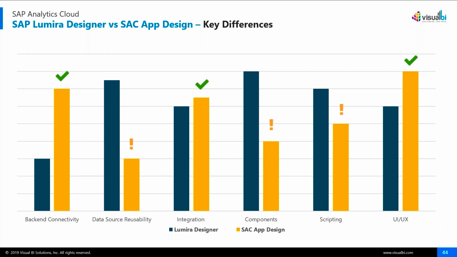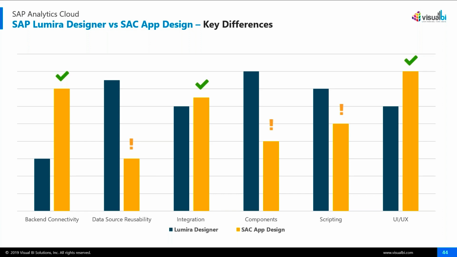And with UI and UX, you already saw a couple of demos where we seamlessly navigated and interacted with the analytical application, with crisp and clear visuals. So I'm pretty much sure that SAC App Design takes the spot there.